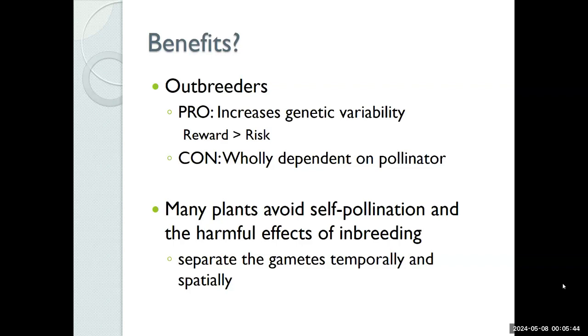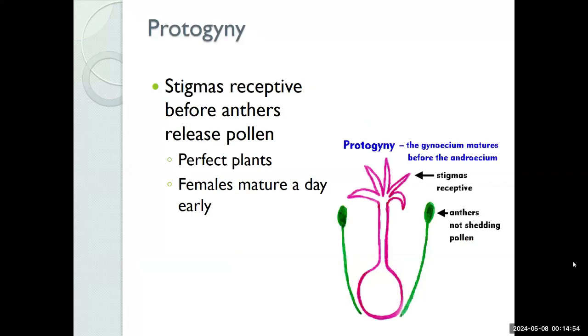So let's talk about these mechanisms to separate the gametes, either temporally through time or spatially through logistical space. One strategy is to temporally use time to separate the male and female parts. Know the difference between protogeny and protandry.